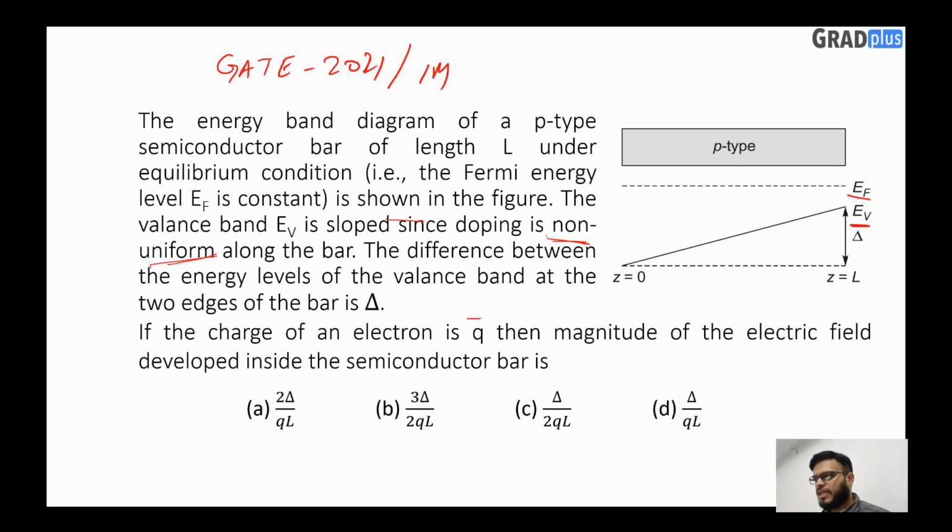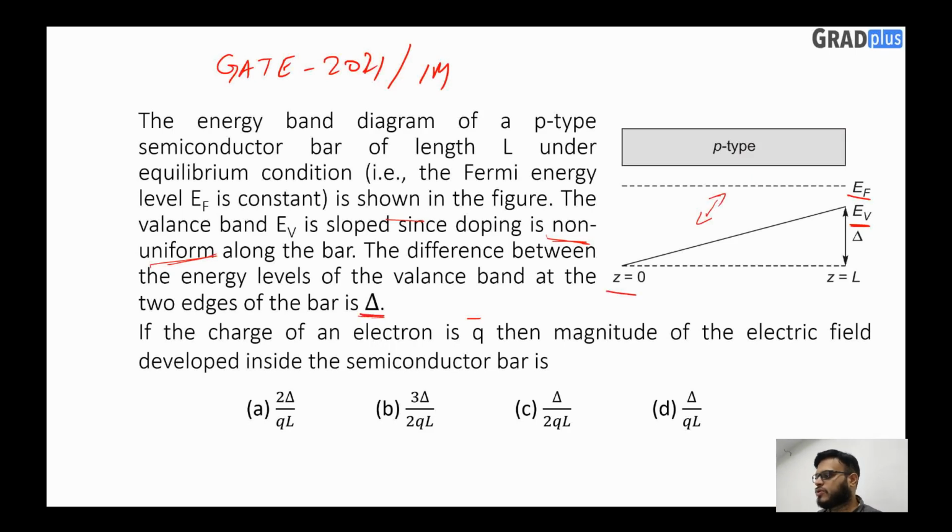First we will see exactly what we need to find. Further it says this movement, or this non-constant difference between the Fermi level and top of valence band, is delta.